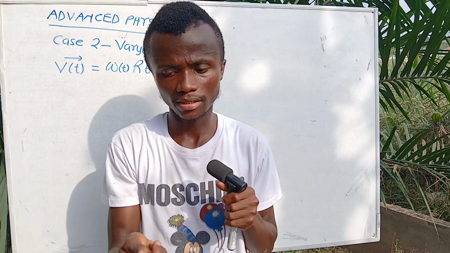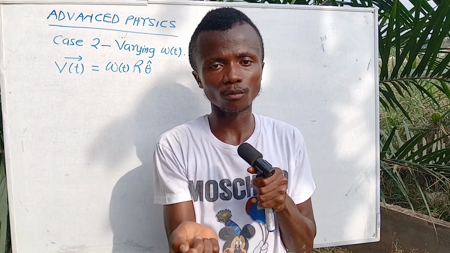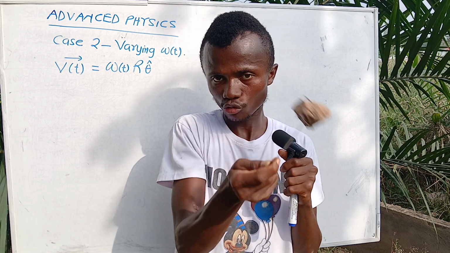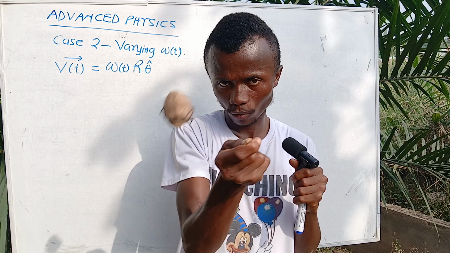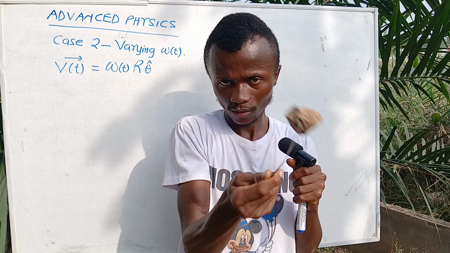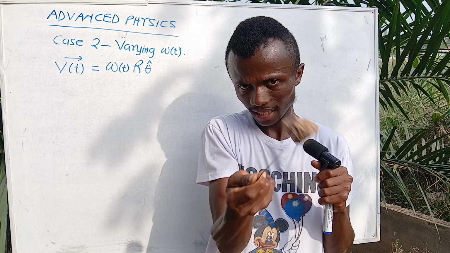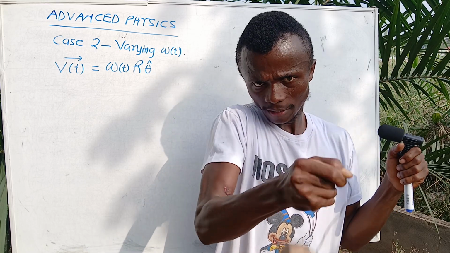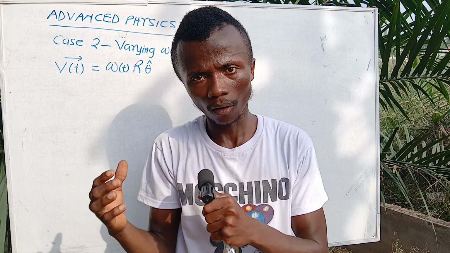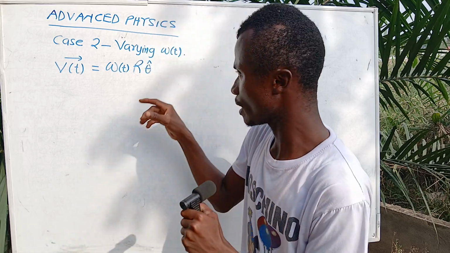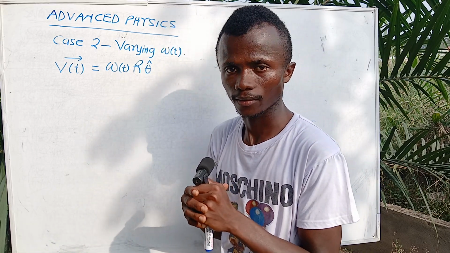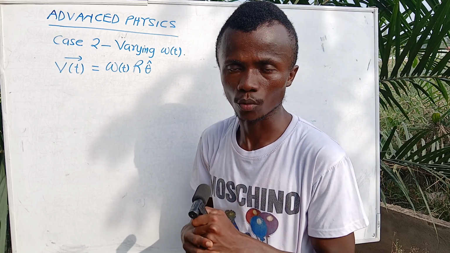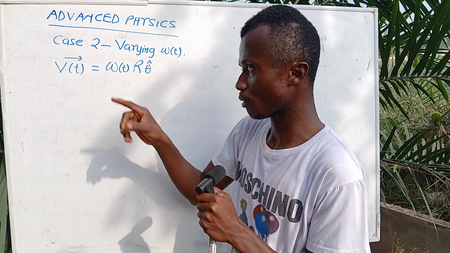So what that means is that the object is not moving with a constant angular velocity. It doesn't traverse equal angles in equal times anymore. So at one time, it will be moving at one rate, at another time, it will be speeding up, then keeping on speeding up, or slowing down. So omega is not a constant. And the linear velocity would never be a constant also, because they are directly proportional.